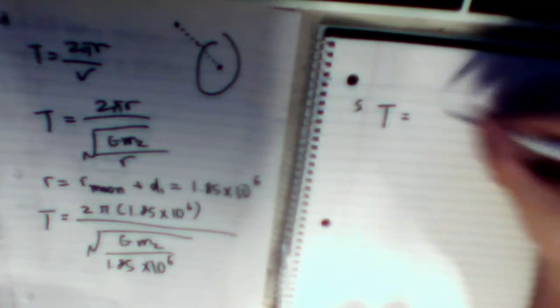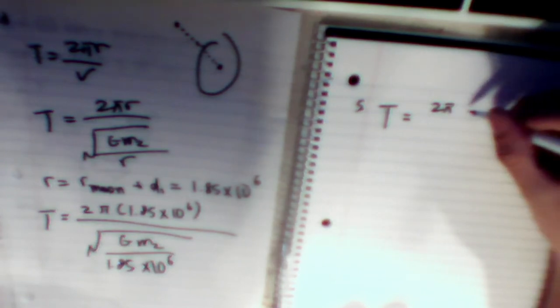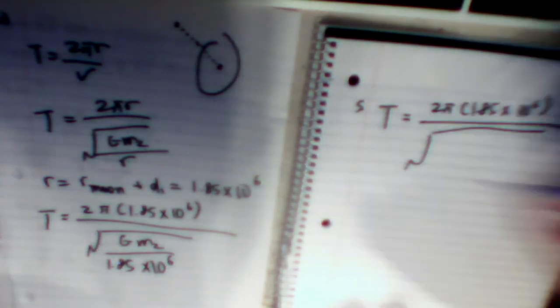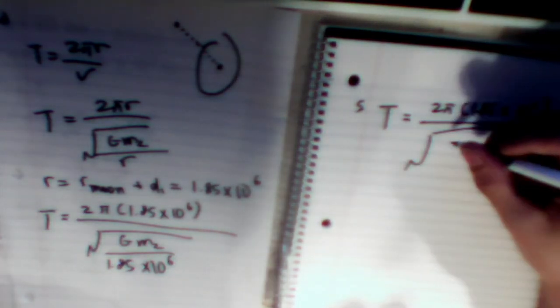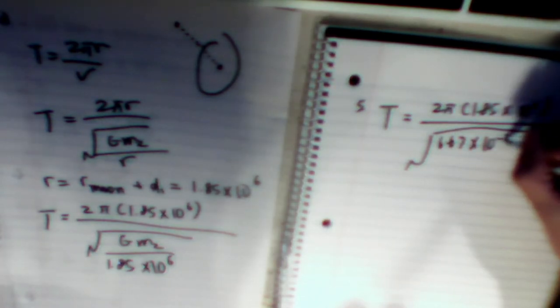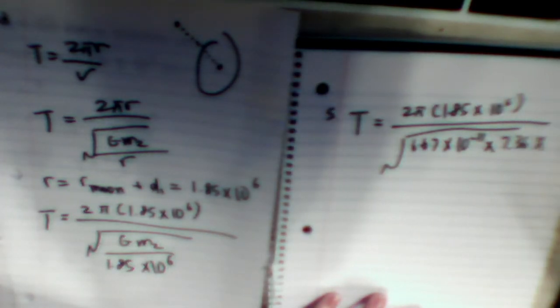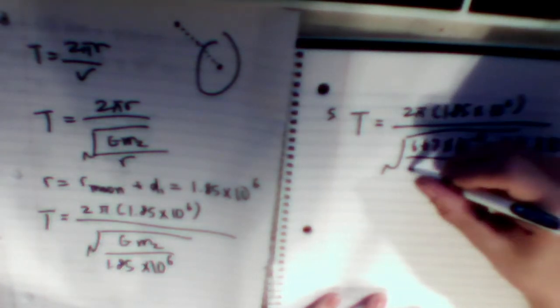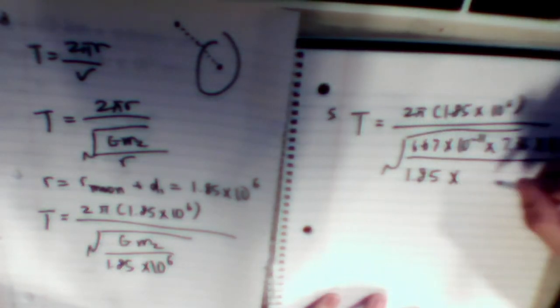T is equal to 2 pi 1.85 times 10 to the 6th over the square root of the universal gravitational constant, which is 6.67 times 10 to the negative 11, times the mass of the moon, which is 7.36 times 10 to the 22, over 1.85 times 10 to the 6th.